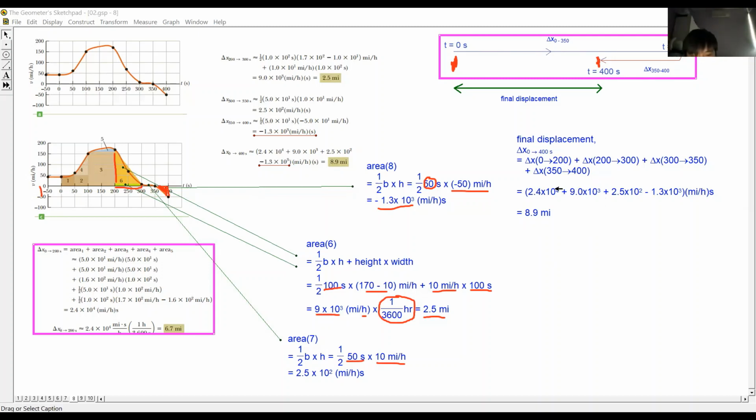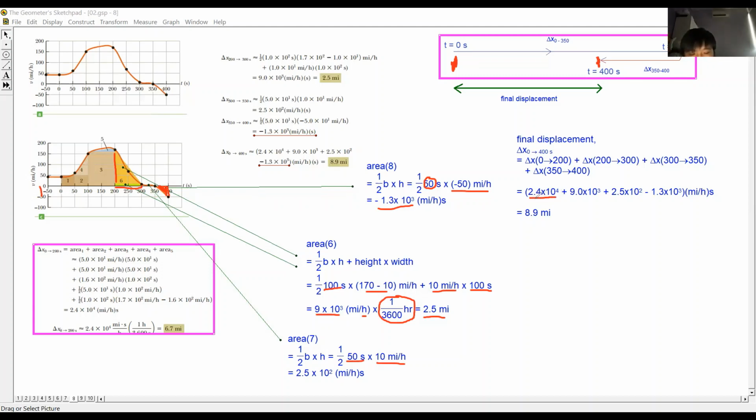So now I try to add up all the different parts along this blue line here, from 0 until 350 and then to 400. It's given here. From 0 to 200, 200 to 300, 300 to 350, 350 to 400. So the first part, 0 to 200, is 2.4 times 10 to the power 4.